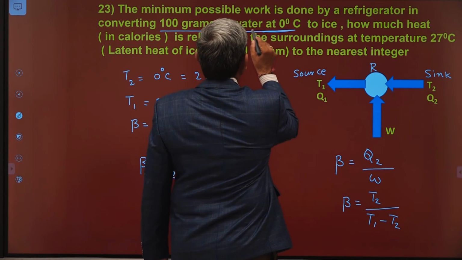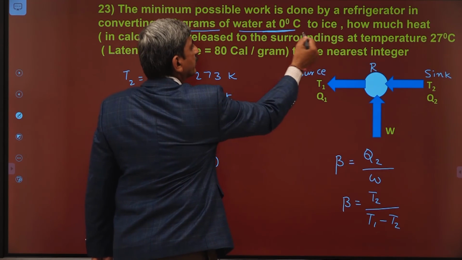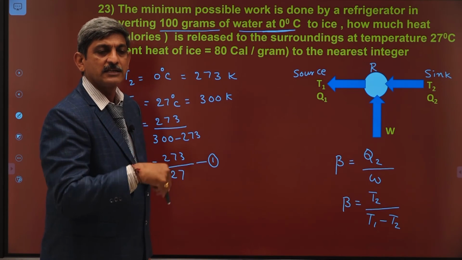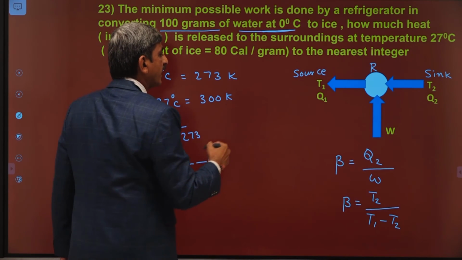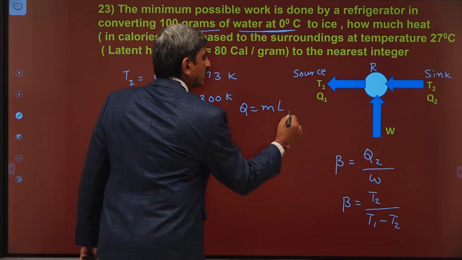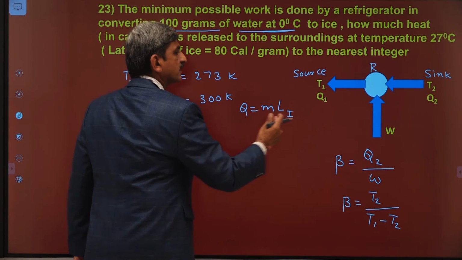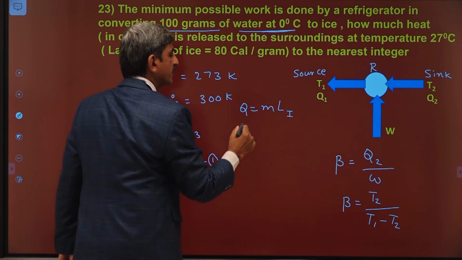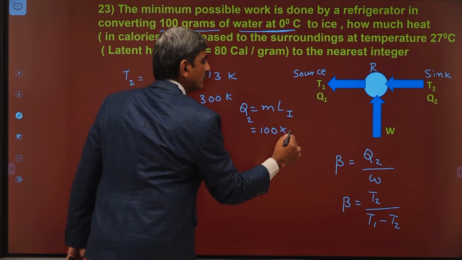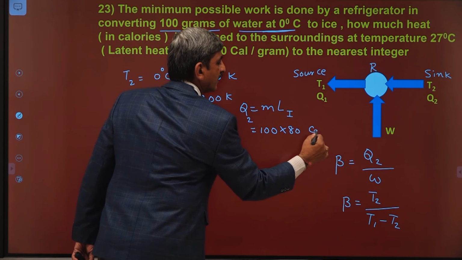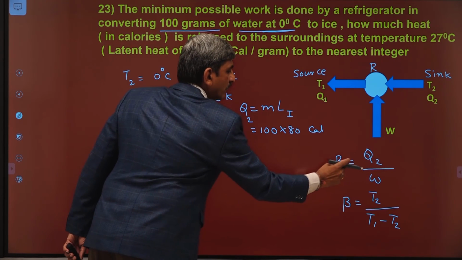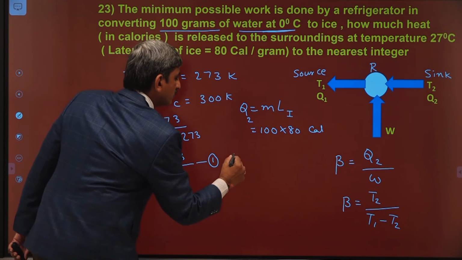It has to change the 100 grams of water at 0 degree centigrade to ice. Already we know that the amount of heat energy taken out to convert the water into ice is given by Q is equal to M times latent heat of the ice. This is nothing but the heat taken by the refrigerator, so this is Q2, equal to 100 into 80 calories.